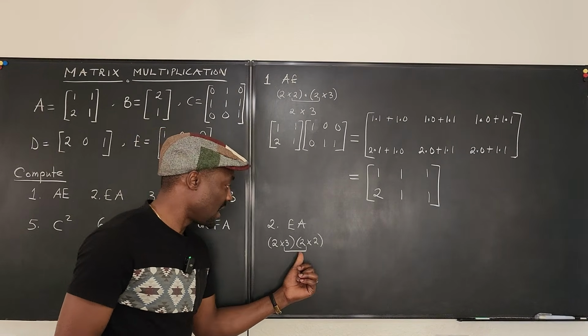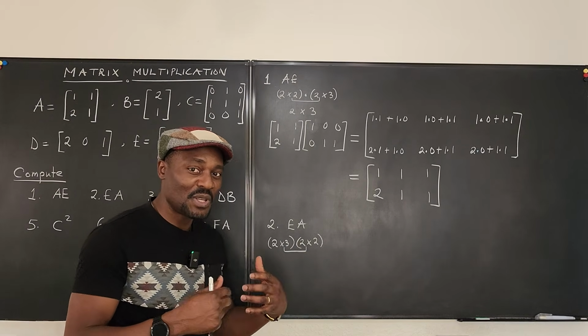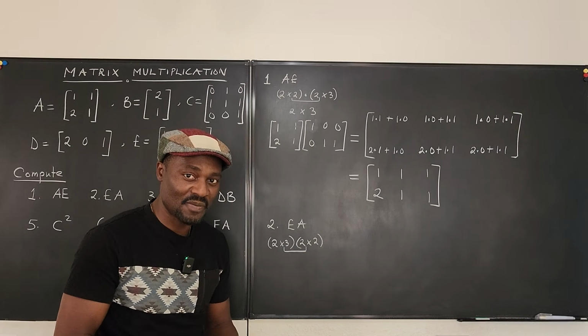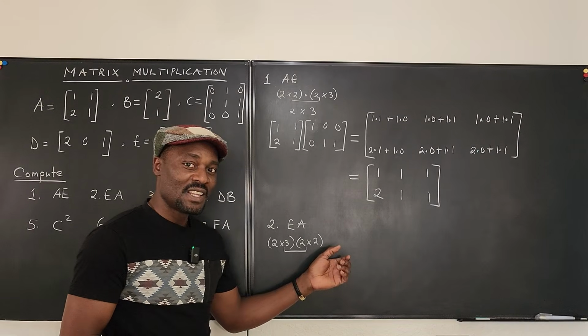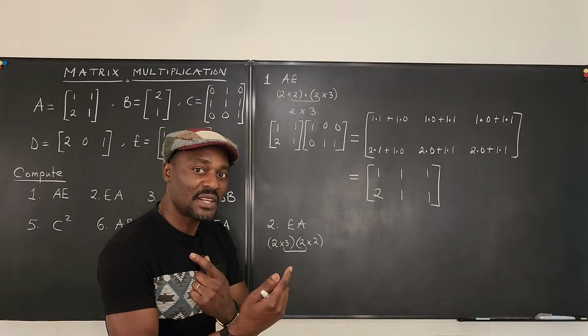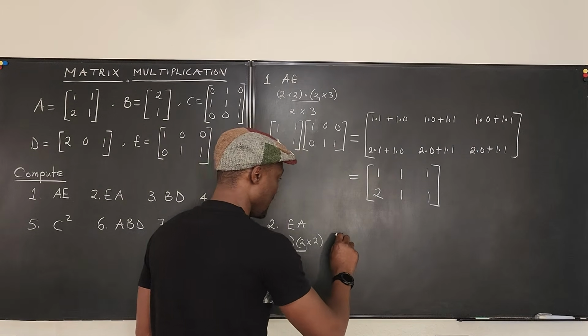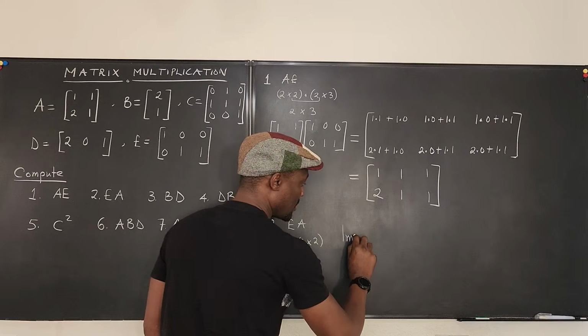And because multiplication is impossible, we then introduce a characteristic of matrix multiplication, which is the non-commutative property. You cannot switch the matrices and get the same answer. So we can say here that this is impossible.